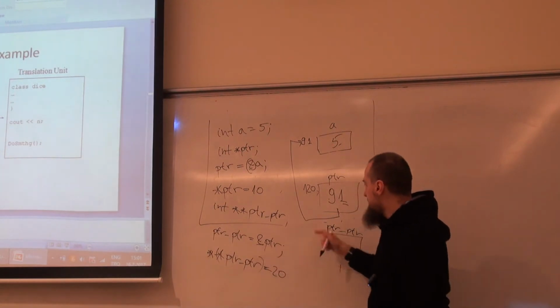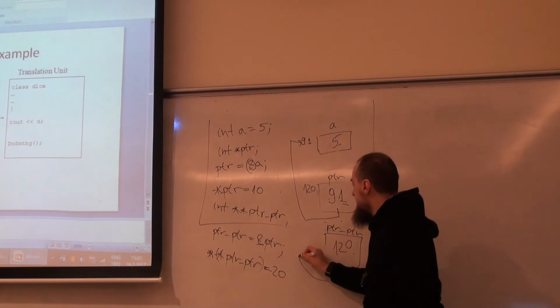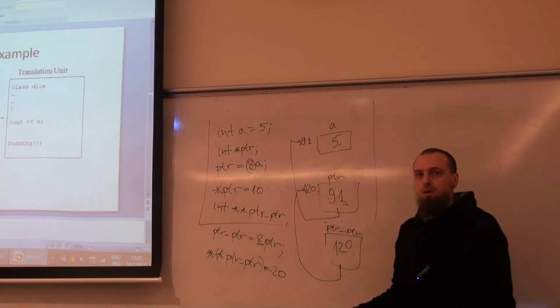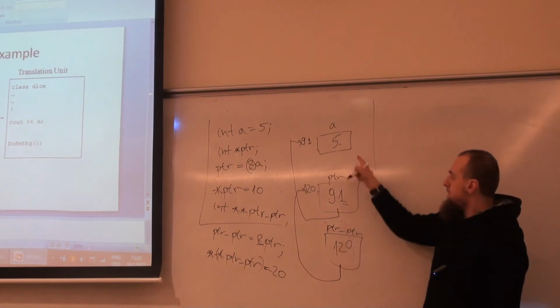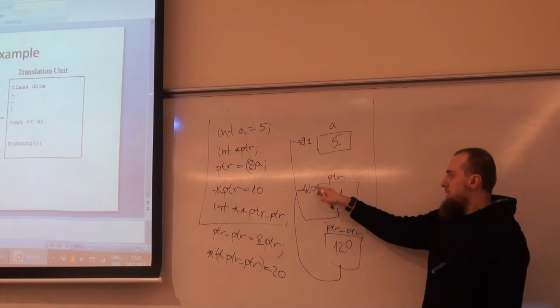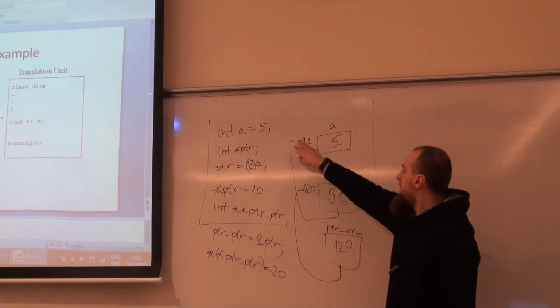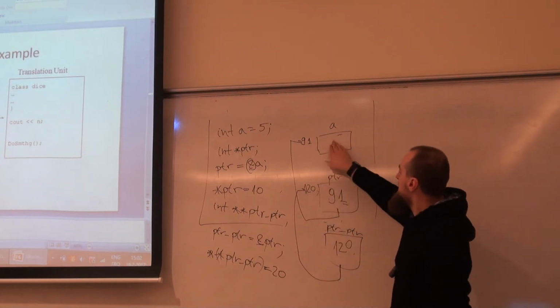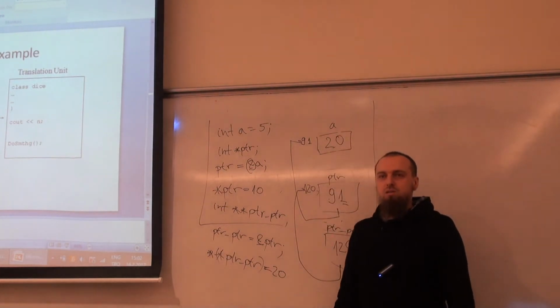How do I do it? In this manner. So this would be 120, meaning this is pointing here. If I want to change the integer from the pointer to a pointer, then I use star ptr, I go here. So I access this value. Another star, I go here, I change it. If I made it 20, this is going to be 20. Is this clear? Is this hard?